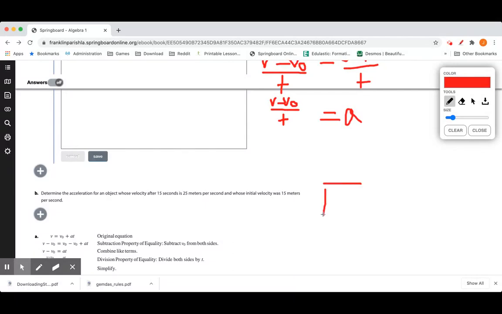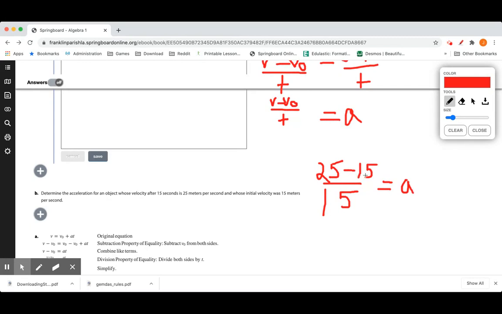So we know we're going to be dividing by 15. The velocity is 25 meters per second. V, velocity, 25. And initial velocity, where it started from, the original velocity was 15. So 25 minus 15 divided by 15 will give us the acceleration.